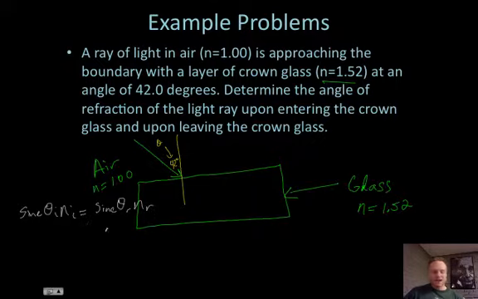Now I did flip this around a little bit. You can have it in whatever order you want. If you would have n first and then sine, you certainly can. But the sine here is going to be 42 degrees. So we have sine 42 degrees times the n, which is 1, equals the sine of the angle, which is what we're trying to find out, times the n of the glass, which is 1.52.